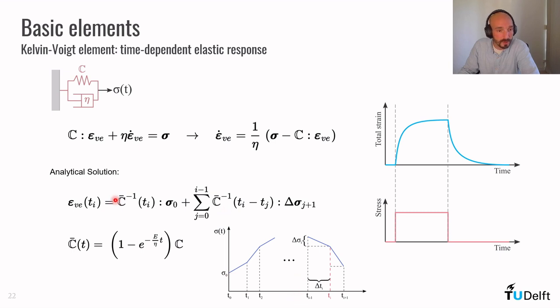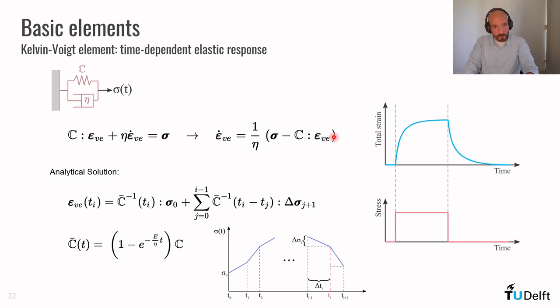So for each time Ti, for example, suppose this is Ti, we evaluate this function at Ti, and we have a summation from j equals 0 to i minus 1, so j equals 0 until this time. So it has a time history dependence here. And this function here, C bar will receive Ti minus Tj, and double dot product with this stress increment here. So this gives an analytical solution for the mechanical behavior of this Kelvin-Voigt element here.